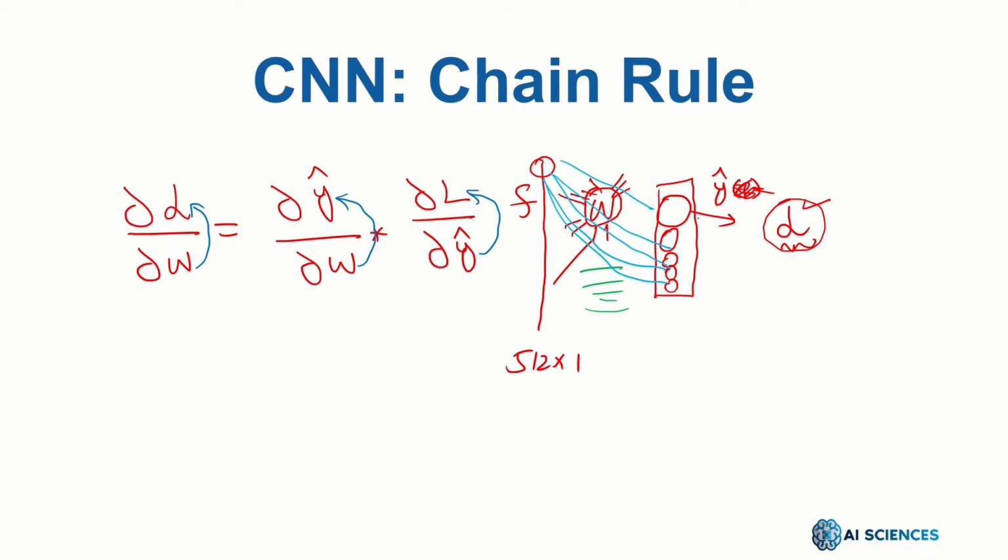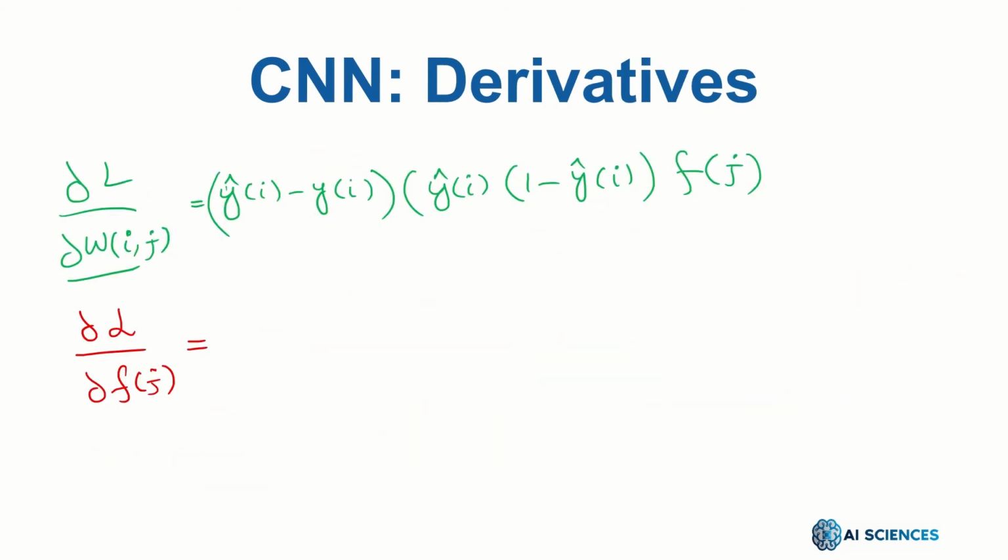That means if there are multiple paths towards the loss, the derivative with respect to that entry actually has a summation in it. So we have I varies from 1 to 5 in this particular case.